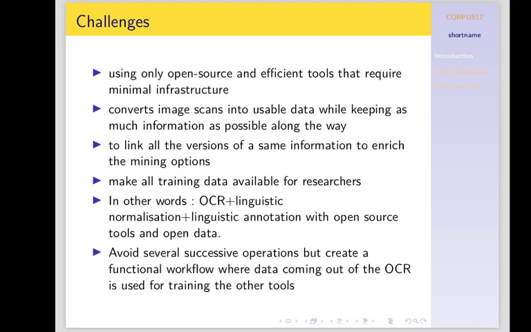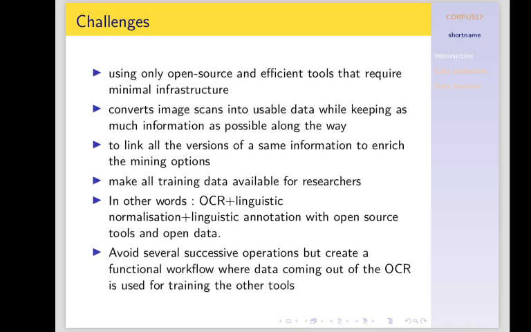Data that is used for training tools, but also the data that is produced at the end. In other words, what we need to do is first to create an OCR model, then to provide linguistic normalization of the data, and then to provide also linguistic annotation, if possible with open source tools, and at the end have open data.